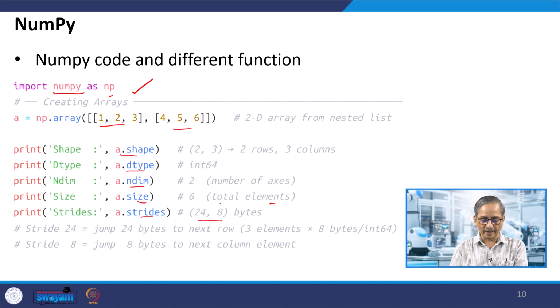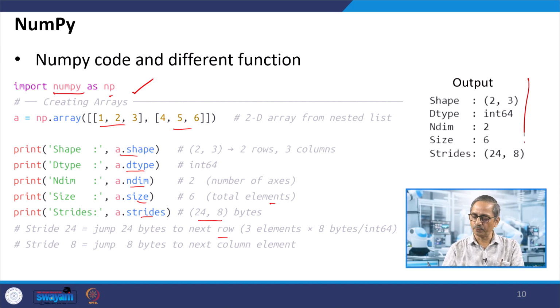Say 24/8 means jump 24 bytes for the next row and jump 8 bytes for the next column. These are the outputs you are going to see.